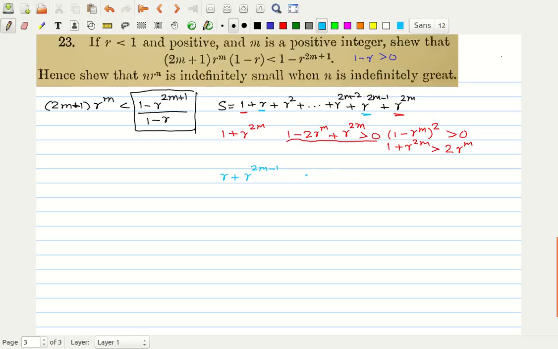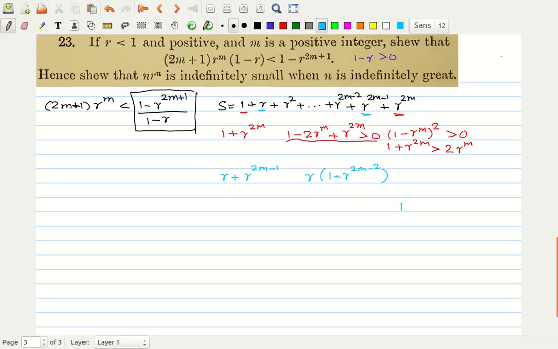Again, if I consider this expression like this, r times 1 plus r to the power 2m minus 2, this expression is the same. Now again, this expression I can complete in the form of a square, right?